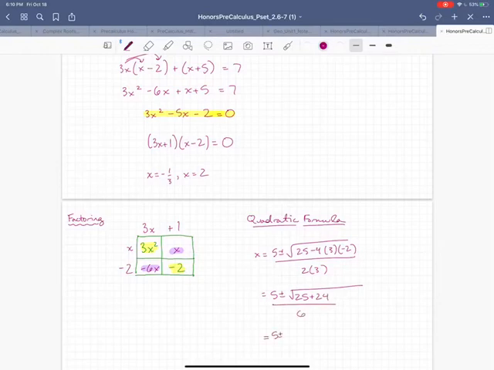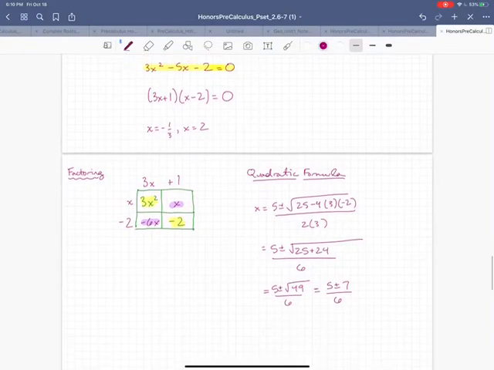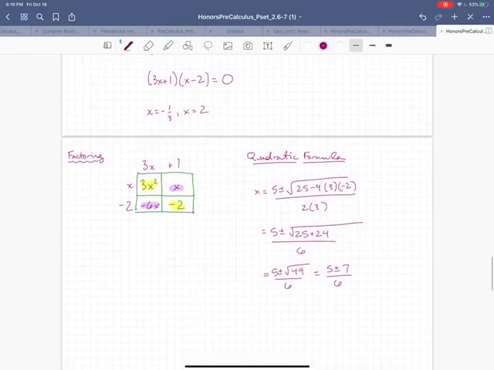So that's 5 plus or minus the square root of 49 over 6. So that's 5 plus or minus 7 over 6. So we get 12 over 6, which is 2, or negative 2 over 6, which is negative 1/3.